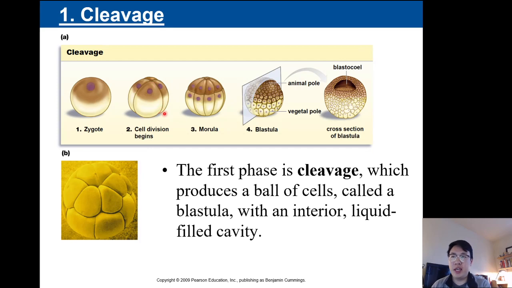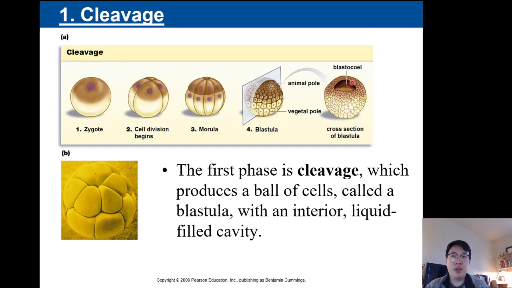So cell division begins. A morula, which I believe is about 8 cells, is the stage right after the first cell division. And then blastula is now the big ball of multiple cells. Now, notice right here on the blastula, there are 2 locations called the animal pole and the vegetal pole. We'll talk a little bit more about that, I believe.